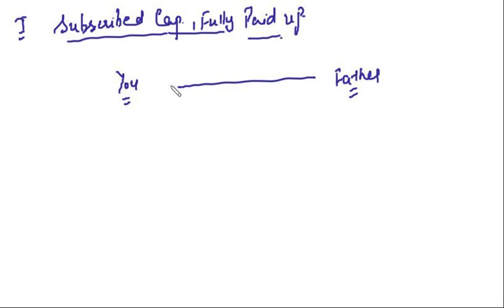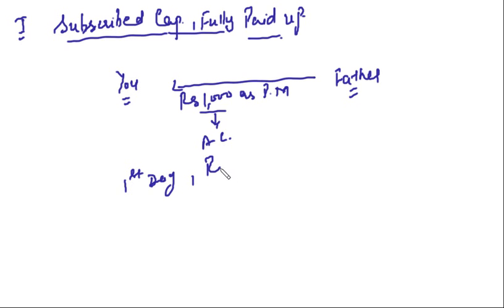You have to receive rupees 1000 as pocket money. This is your authorized capital. But on the first day, you ask for only 500 rupees from your father. This is your issued capital.